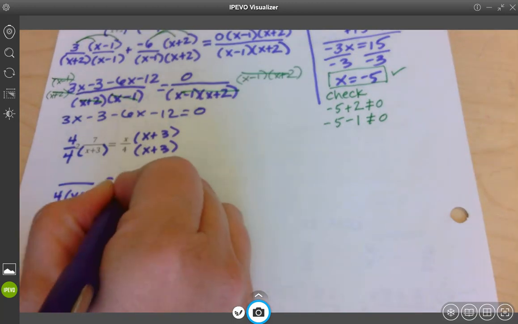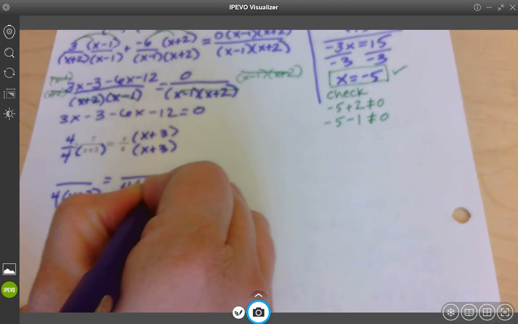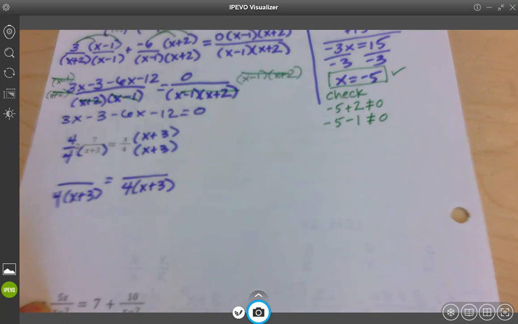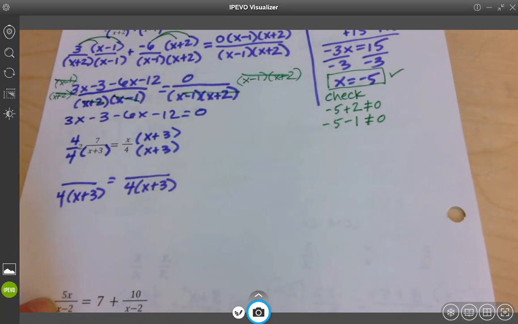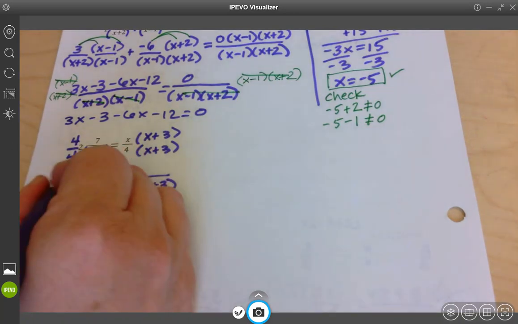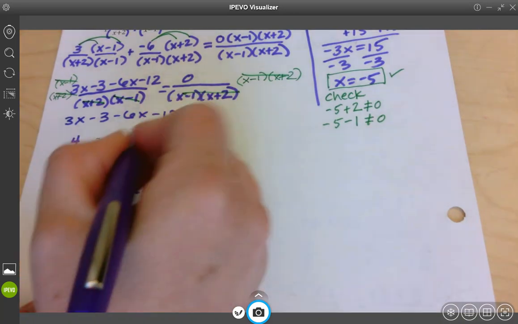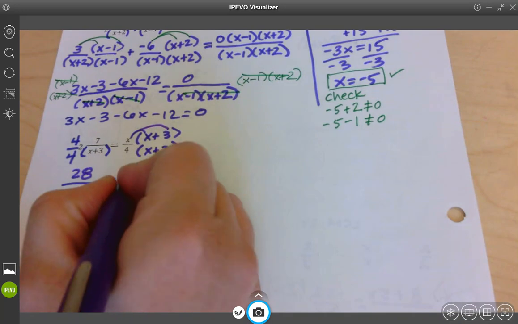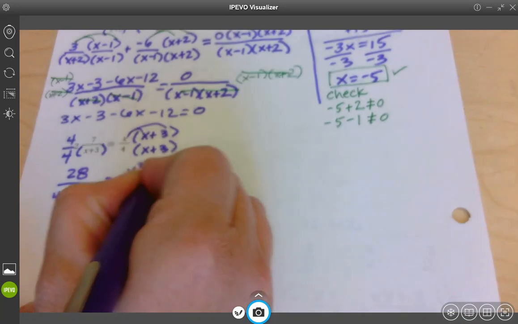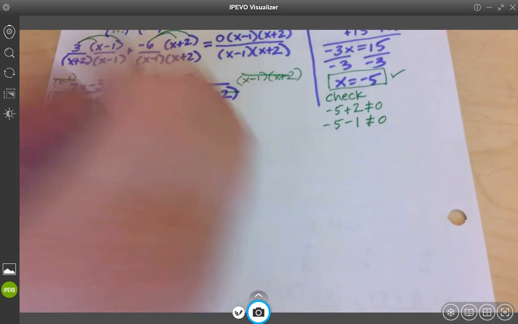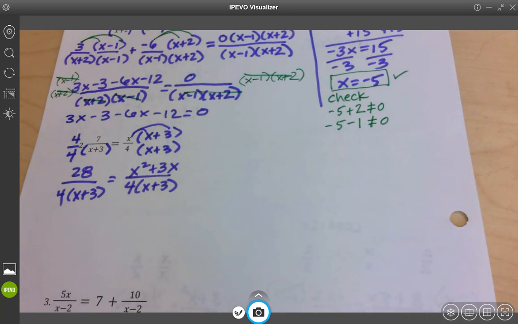All right, here's my common denominator. For the numerator, 4 times 7, 28. And distribute. All right, so we want to get rid of our denominators.